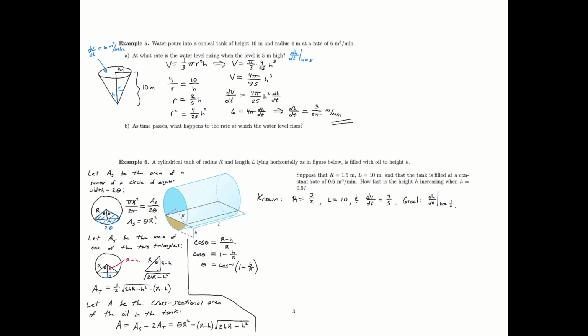So then the area is now a function of one variable. So this would be cosine inverse, arc cosine, in other words, of 1 minus h over r times r squared, so that's right here, minus r minus h times the square root.